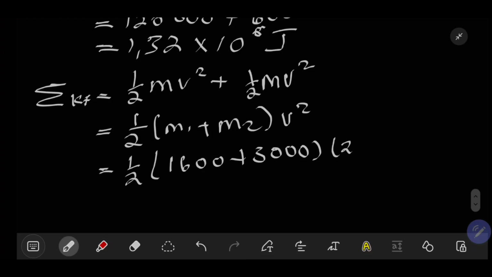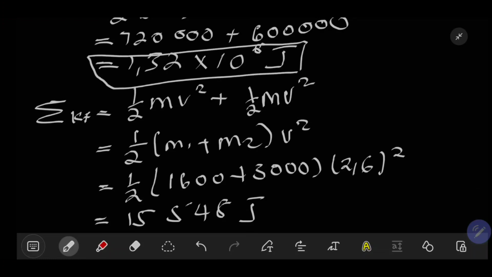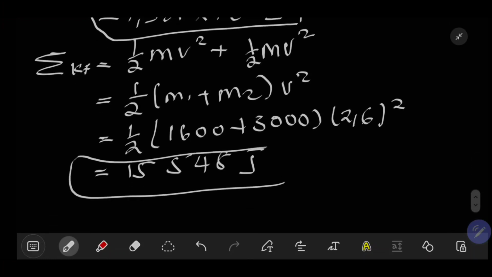So we're going to have 2,6 and we square that, and when you punch your calculator, it gives you 15,548 joules. All right, so you can see the difference between the two. This one is a very big number, but this one is a small number.